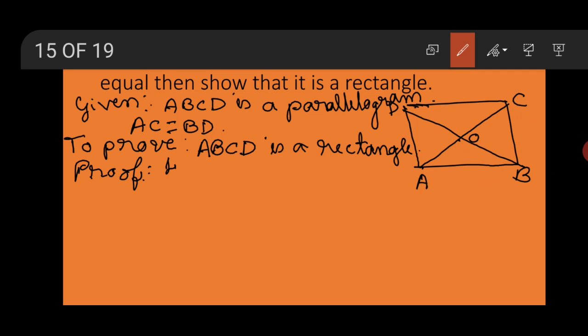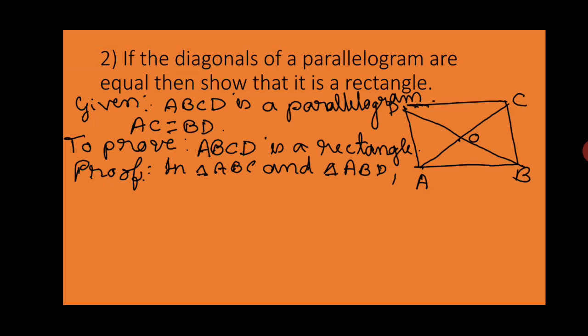In triangle ABC and triangle ABD, what are the known factors? See here, I choose triangle ABC and triangle ABD.